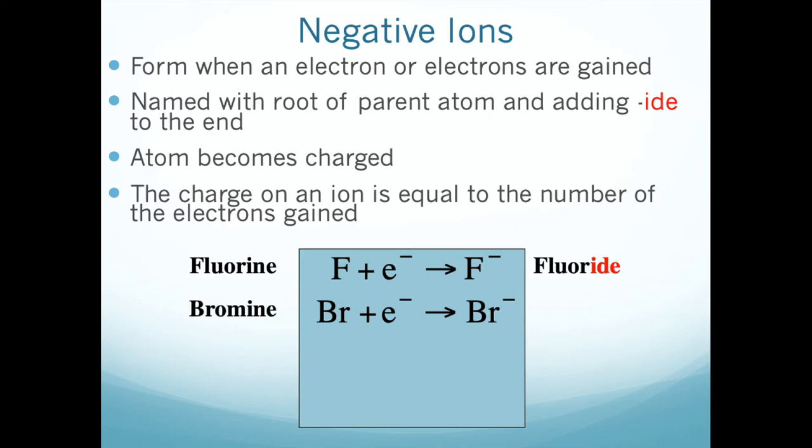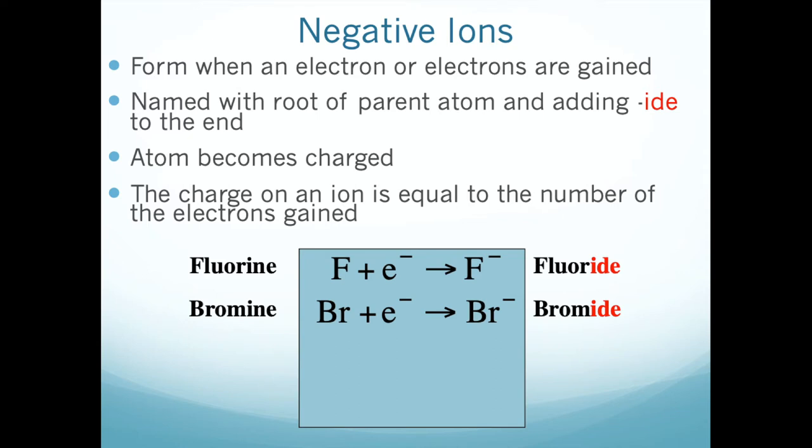Instead of bromine, we take that first syllable, brom, and we add that "ide" ending to it. It becomes bromide. So this is a bromide ion here on the right, with a -1 charge. Please note that they each form a -1 charge, because they're in group 17 and they need only one electron to become like the next noble gas.